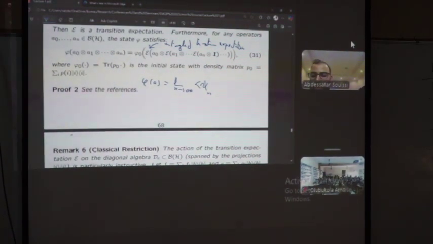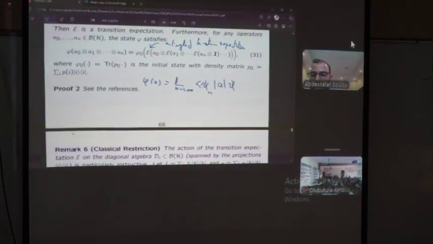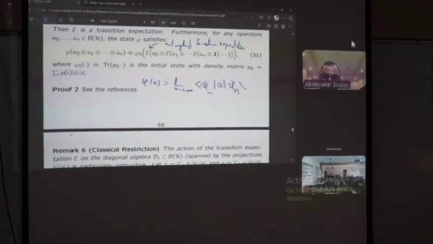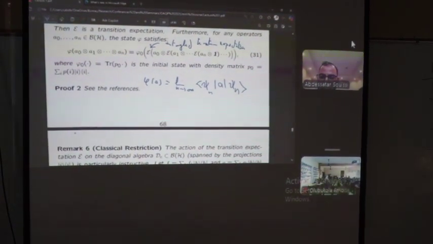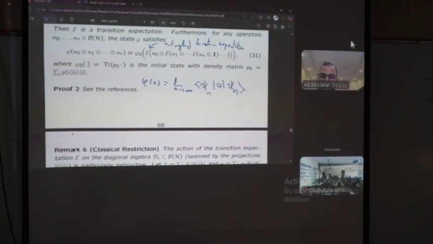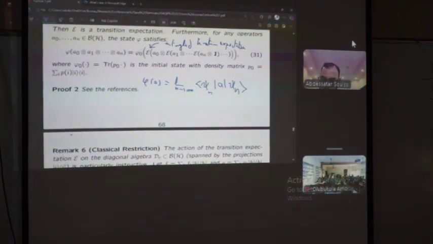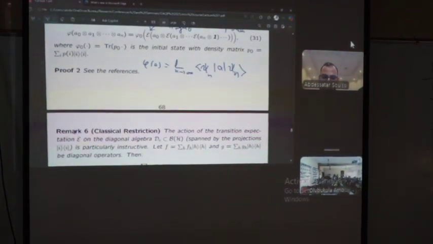You will see in the presentation of the conference that this has a very important implication in the one-dimensional dynamical system.